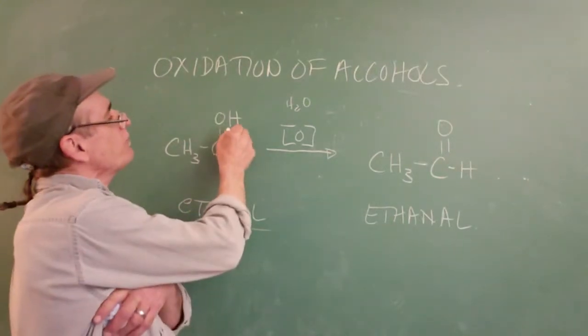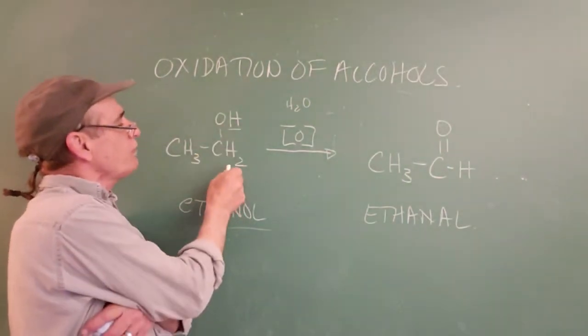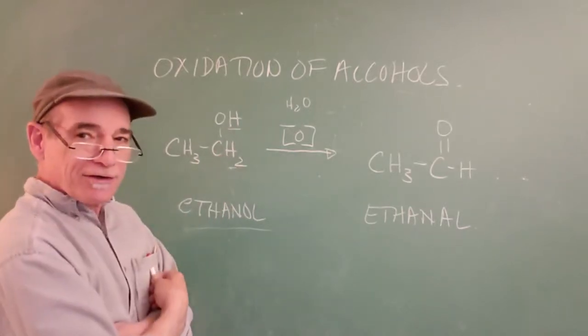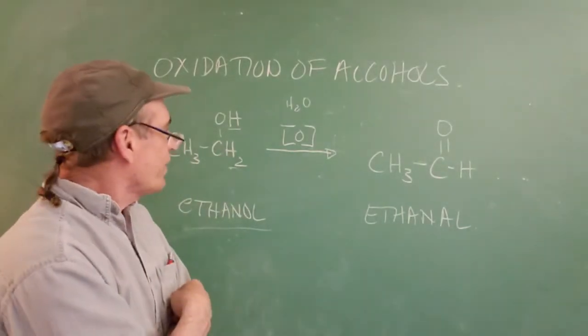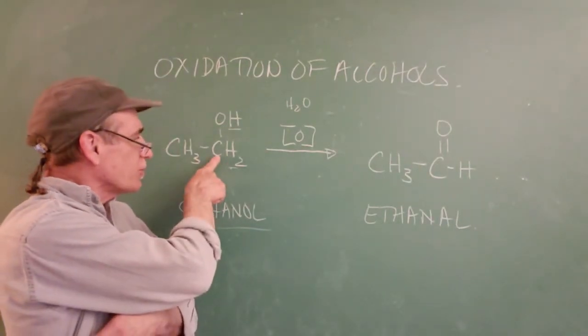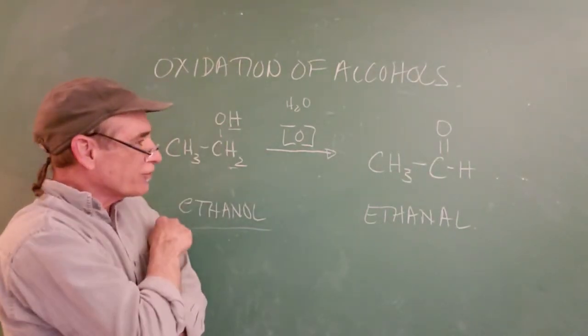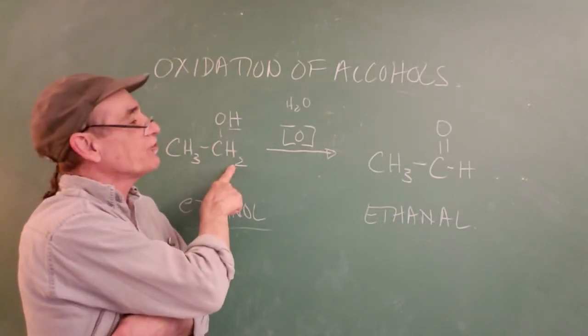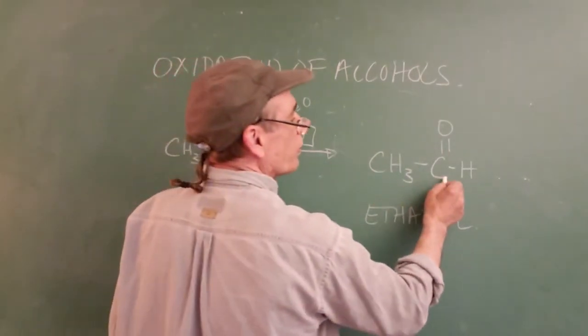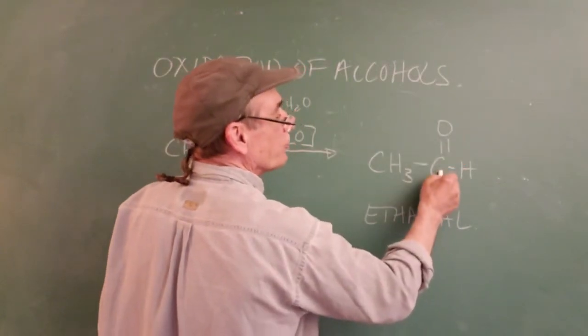It steals the one from the hydroxyl group and one from the carbon adjacent to it. Apparently, those are the two easiest to pop off of there. Well, when that happens, that leaves this carbon looking for another bond and the oxygen looking for another bond. If this hydrogen disappears and one of those disappears, we end up with a carbon with a double bonded O.